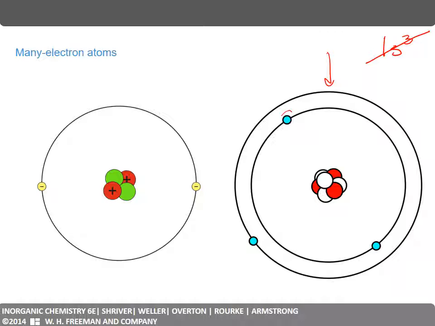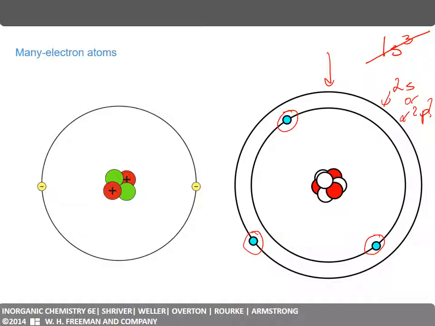So we have 2 electrons in the first orbital, and we have the third in the second shell. Now, the question is whether this second orbital is 2s or is it 2p?